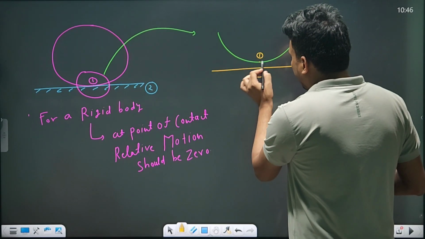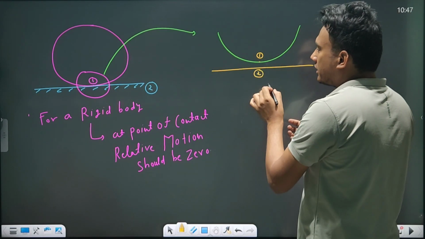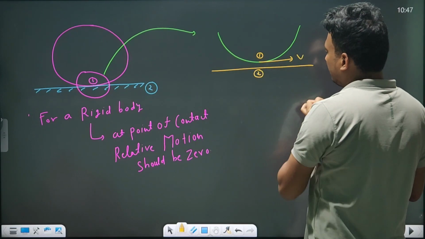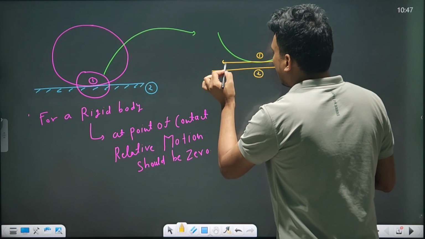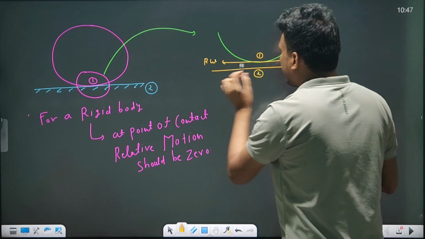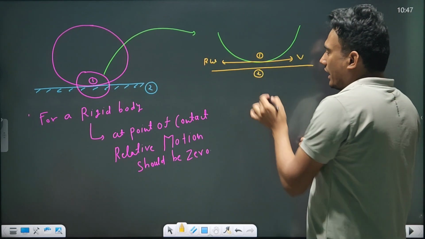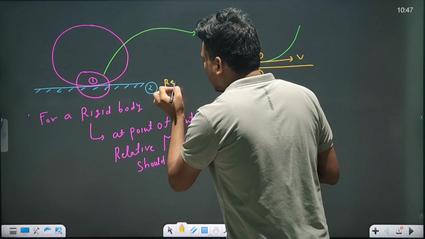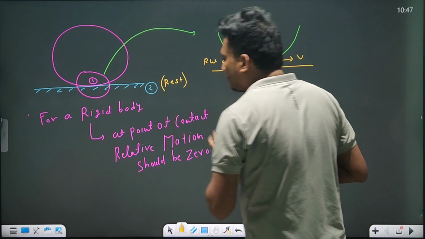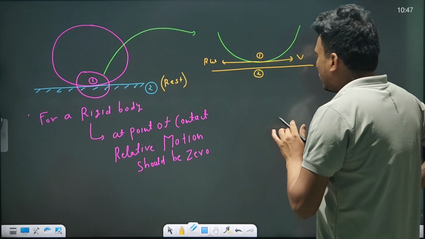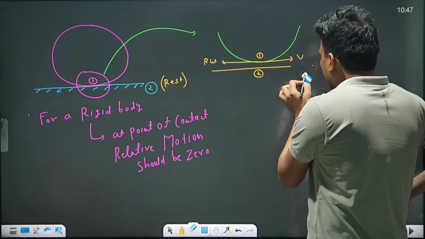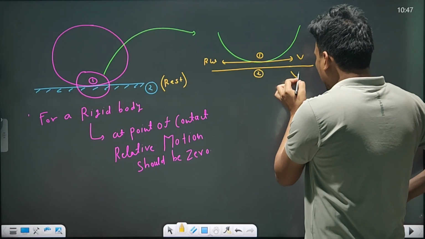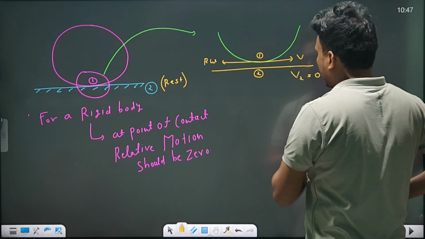So at the point of contact, if we draw the velocities, point 1 has linear speed v and speed r omega. At point 2, because the platform is already at rest, the velocity of platform point 2 will be 0.